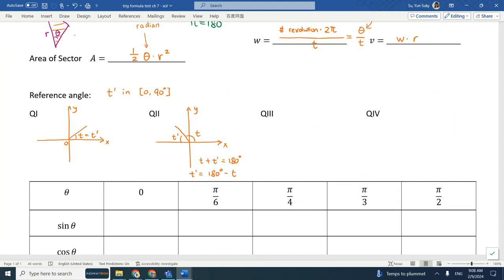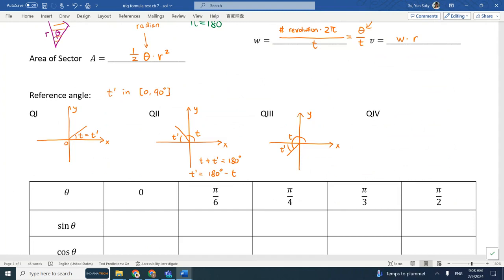That's quadrant 2. Quadrant 3. So you draw the angle t in quadrant 3. Then the reference angle is the angle made with the terminal side and the x-axis, which is right here. Right, everybody?